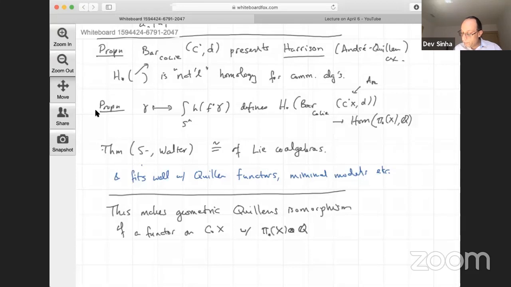So in other words, what Quillen was doing, one could understand from the point of view of linking.